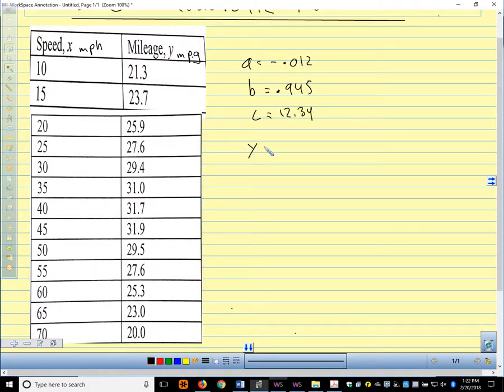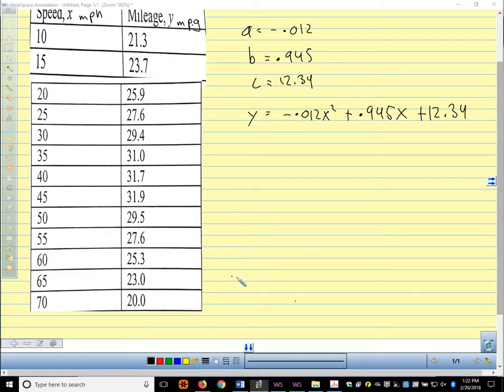So my model that the calculator comes up with is negative 0.012x squared plus 0.945x plus 12.34. And at this point, we're very thankful that our calculator can do this, because to do it by hand is very, very tedious.